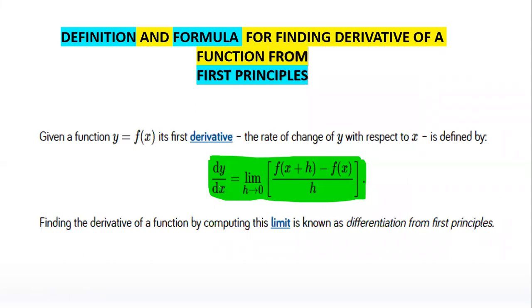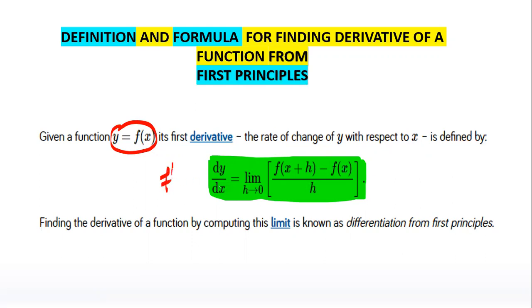So first of all, let's see what is the definition and formula for finding the derivative of a function using first principle. Let y equal f(x) be a function, then its first derivative is the rate of change of y with respect to x, which is defined by dy/dx equals limit h tends to 0 of (f(x+h) minus f(x)) upon h.